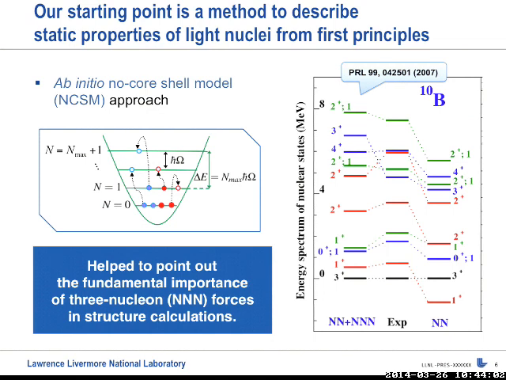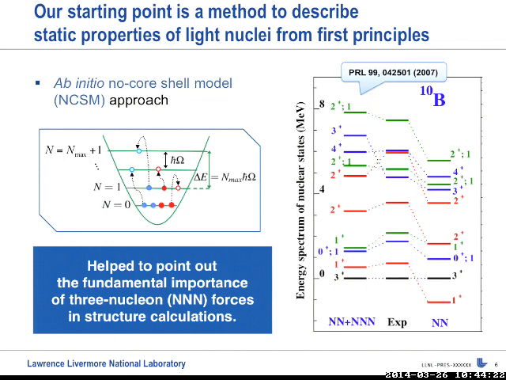And here there are 3 sets of spectra. There is the experimental spectrum in the middle. Then there is, on the right-hand side, the spectrum obtained only with the nucleon-nucleon interaction, and on the left, the spectrum including also the three-nucleon force.